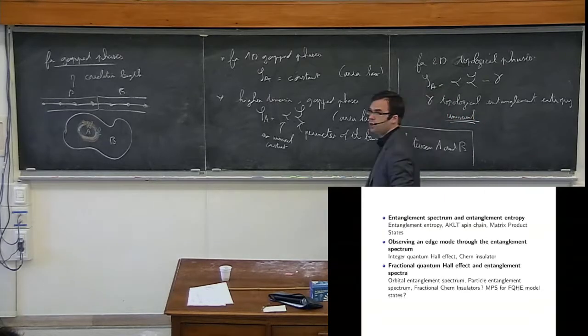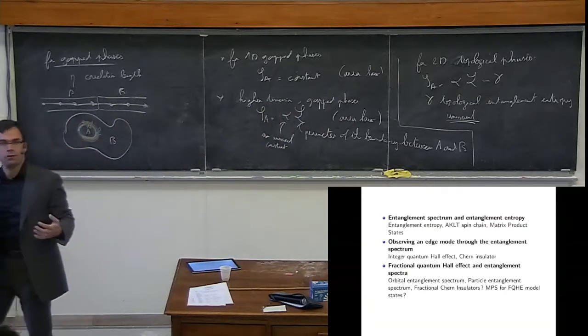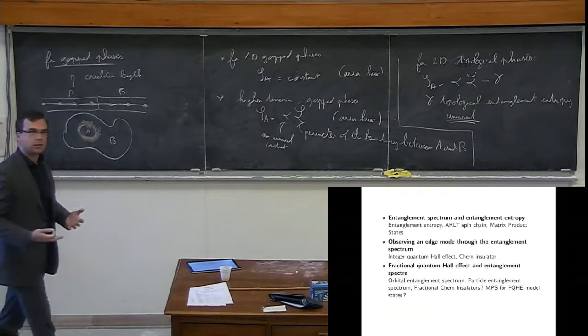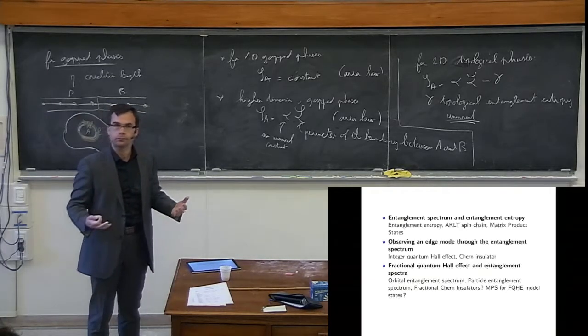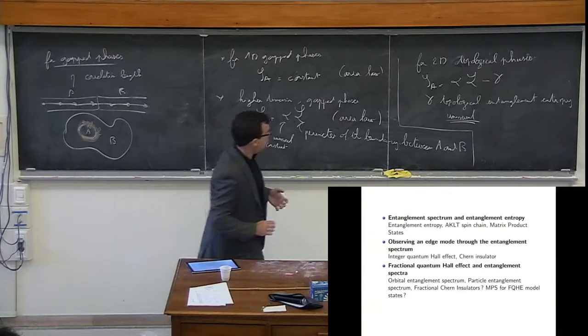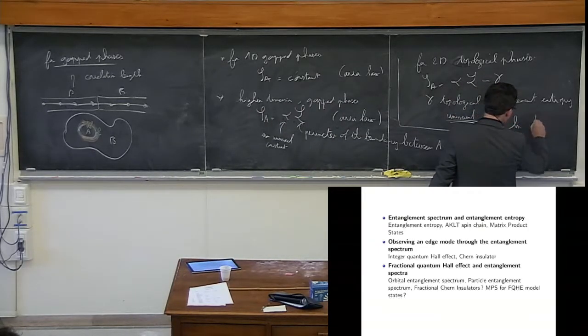And this one is universal. By universal, I mean that the value of gamma only depends on the nature of the excitations that you have in your system. The generic formula for gamma is log D, where D is the square root of the sum over a of d_a squared.